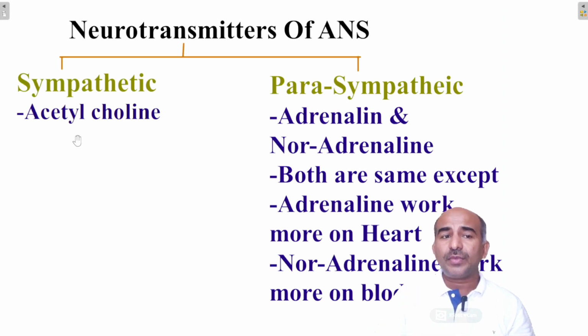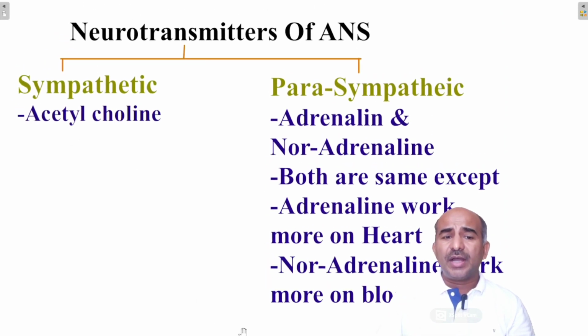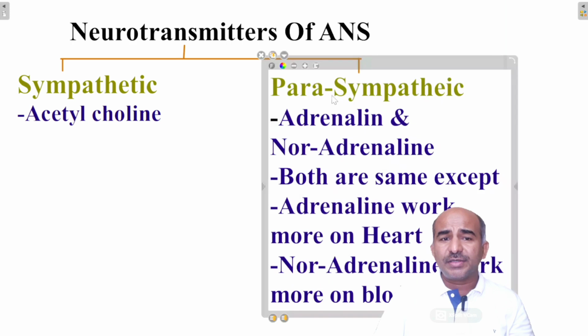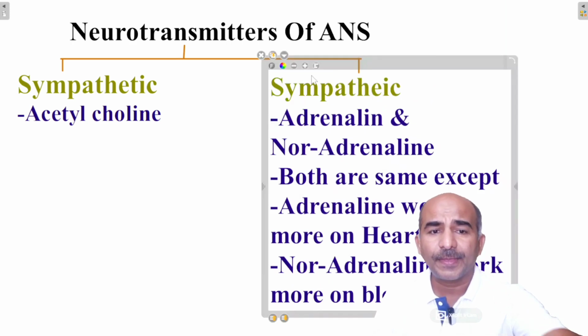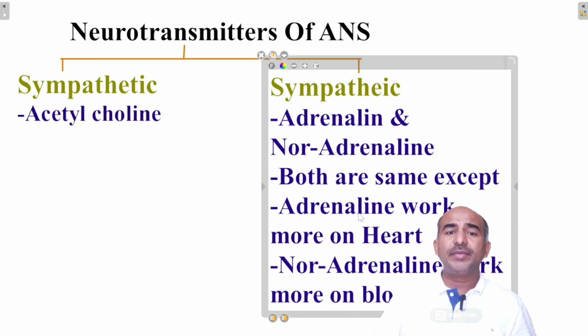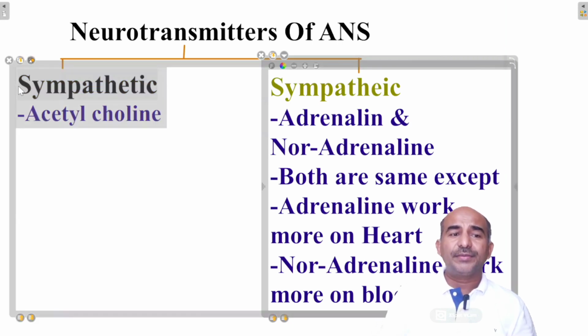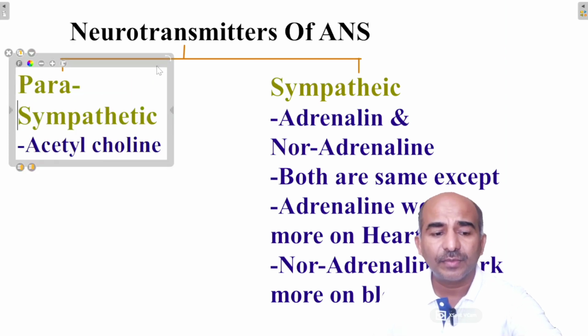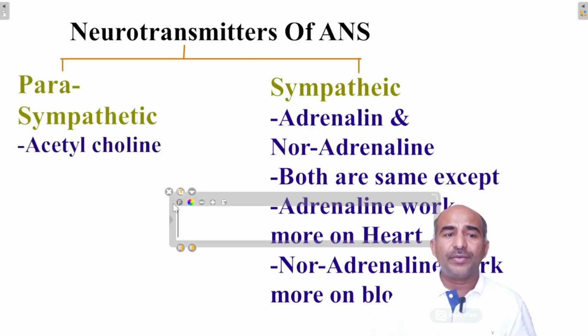Here now, just see. The sympathetic nervous system will have the chemicals adrenaline and noradrenaline, and parasympathetic will have acetylcholine as a neurotransmitter.